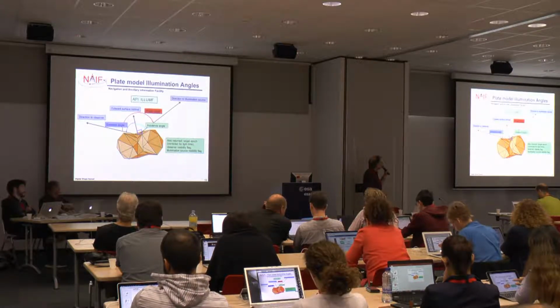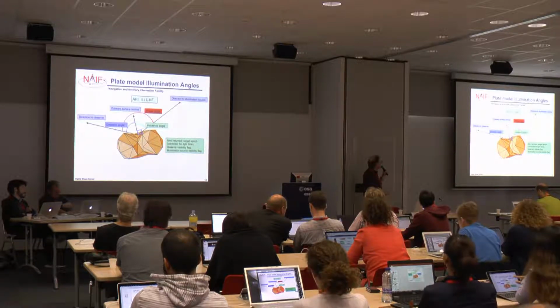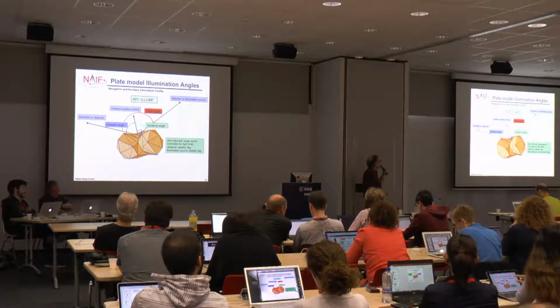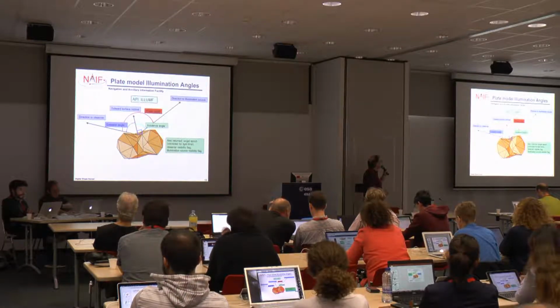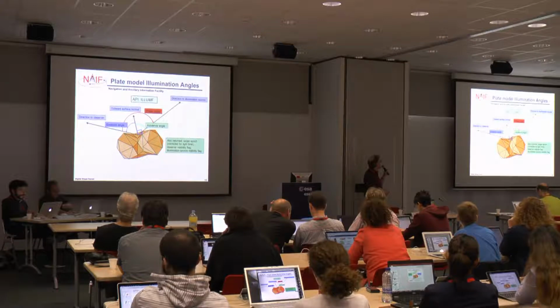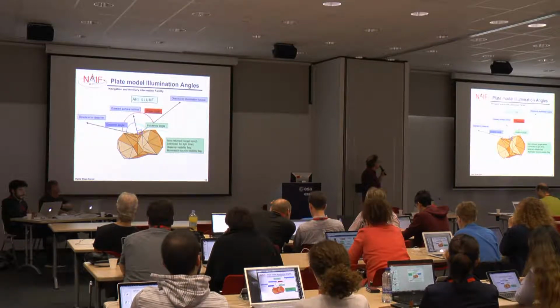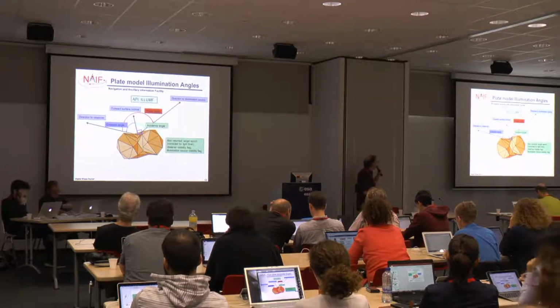The illumination source is treated as a point. And so you can see that with a very irregular shape, a non-convex shape specifically, you can have an emission angle that's less than 90 degrees, but still not have the point visible because there could be a self-occultation. Similarly, the incidence angle could be less than 90 degrees, and yet the point might not be illuminated.